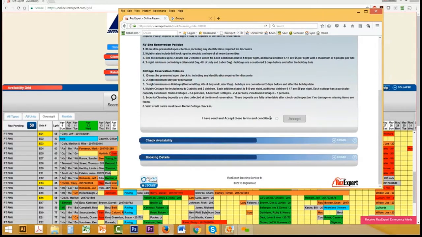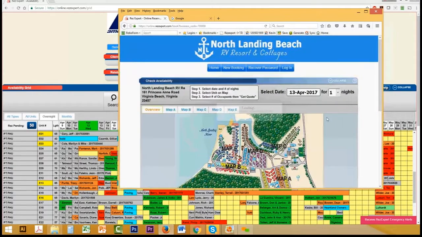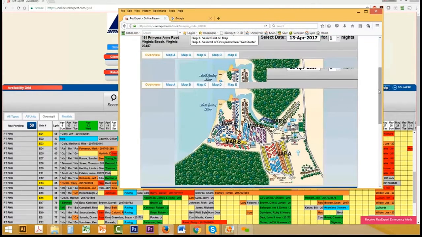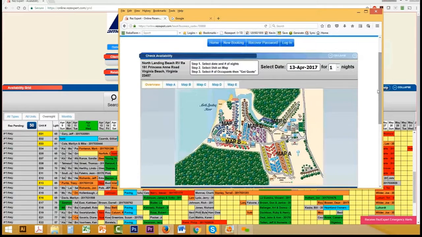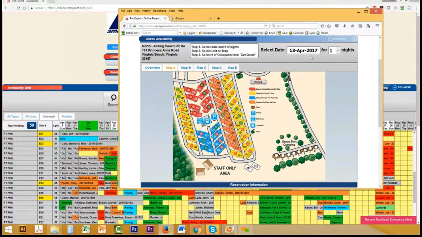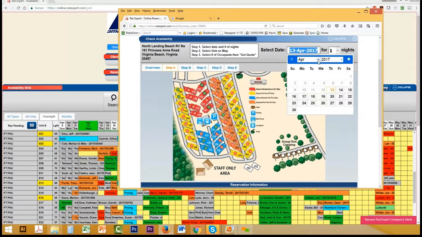Oh, this is North Landing, yeah. This is what we did. Which dates do you have? Any weekend after Memorial Day. So if we went to, I don't know, November? No. Go to June.